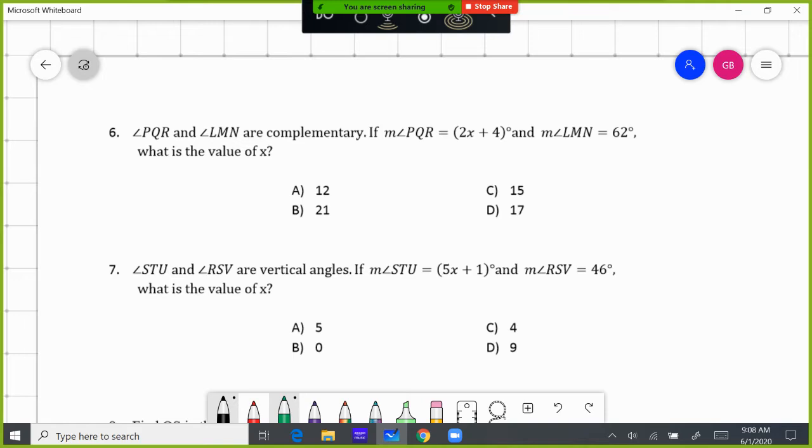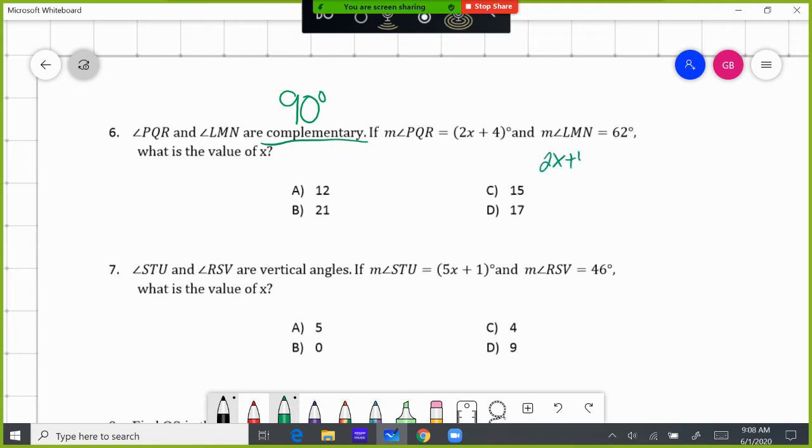Number 6, angle PQR and angle LMN are complementary. If PQR is equal to 2x plus 4 and LMN is 62 degrees, what is the value of x? So complementary means that they add up to 90 degrees.